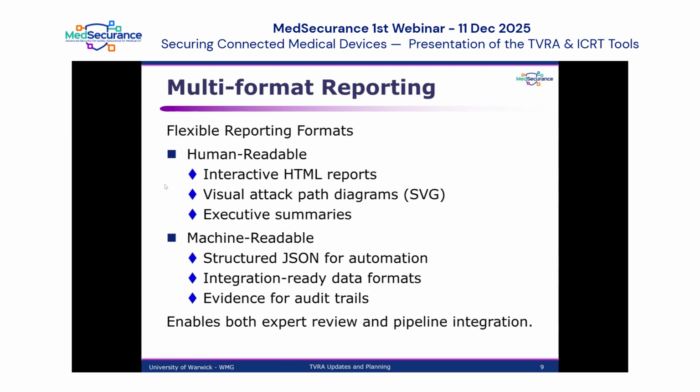For human readable format, we have the interactive HTML reports, visual attack path diagram in SVG format, and some executive summaries, so that the user can get information quickly. And to make it machine readable, we have structured JSON for automation, integration ready data formats, and evidence for audit trails that supports the assurance tool. So this tool enables both expert view and pipeline integration as well.